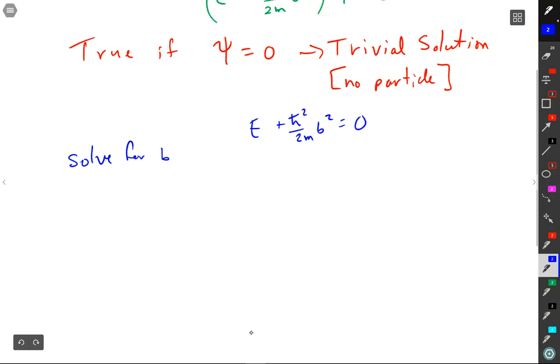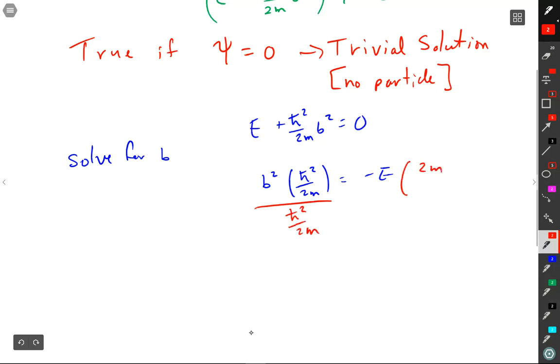If I solve this for b, I'm going to subtract E from both sides, then divide by the stuff in parentheses. Notice on the right-hand side, I multiplied by the inverse.